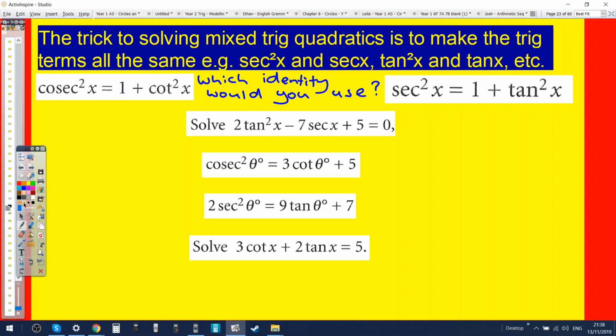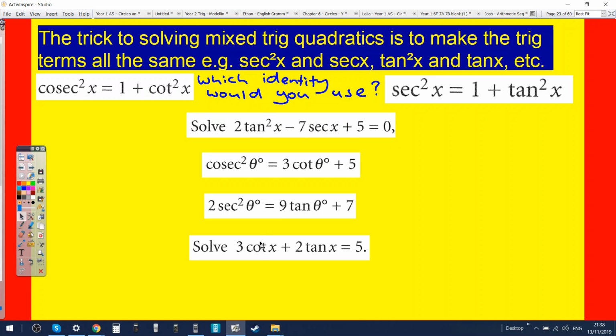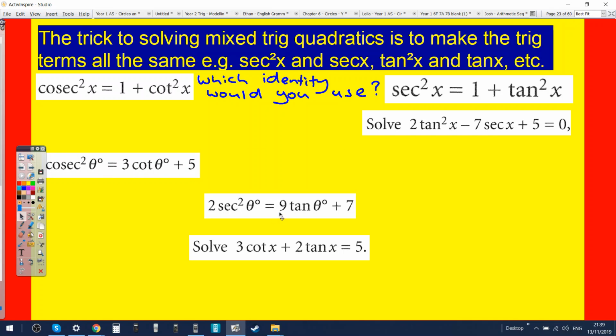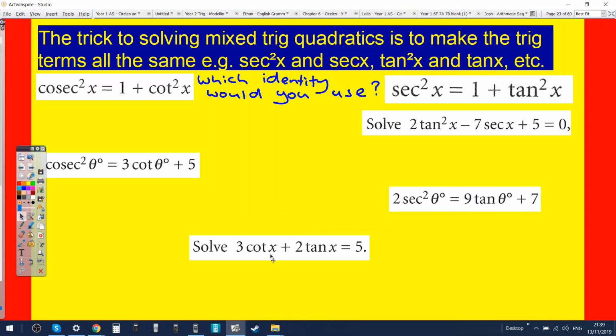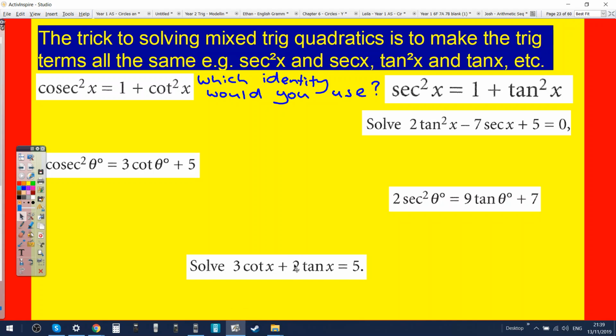So match them up left or right. Which identity would you use for each thing? I think that we just use that itself. Okay, so using those, let's solve it.